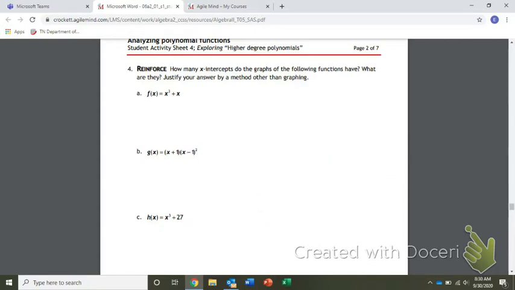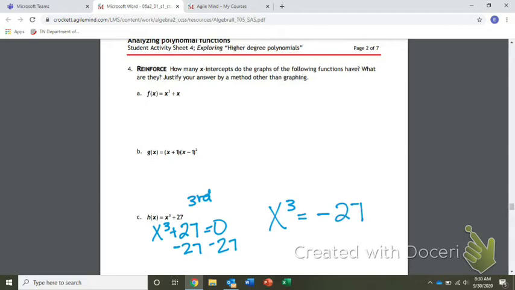All right, on the next one, it's also a third degree polynomial. And it says x cubed plus 27. So in order to solve that, we want to set that equal to 0. First, we're subtracting 27, and we get x cubed equals a negative 27. Now, just like when you have an x squared, you take the square root.